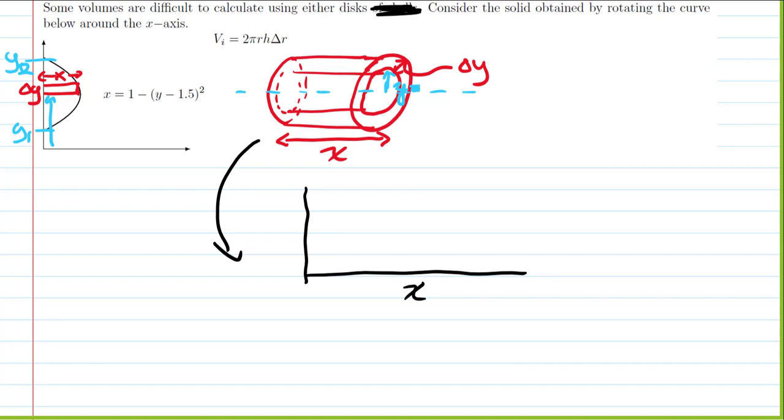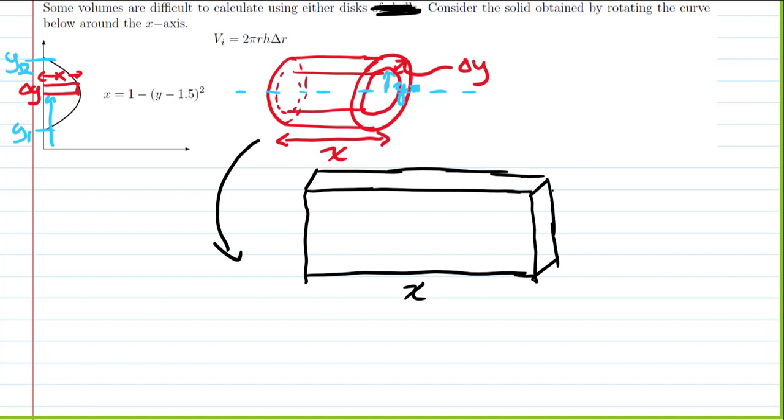And if we unrolled it, it's going to look something like this, because if you unroll a soda can and lay it out flat, it makes a rectangle, right? So we have our one dimension here. Let me make our slab. And we know that it's delta x thick.